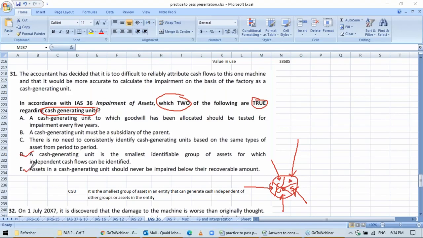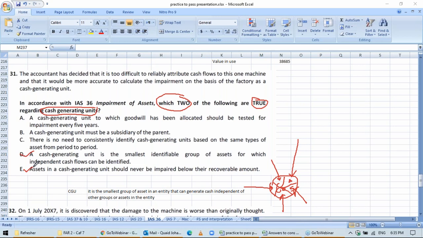Assets in a cash generating unit should never be impaired below their recoverable amount. So when does impairment take place? When the carrying values are higher, and they say we cannot bring it down below the recoverable amount.